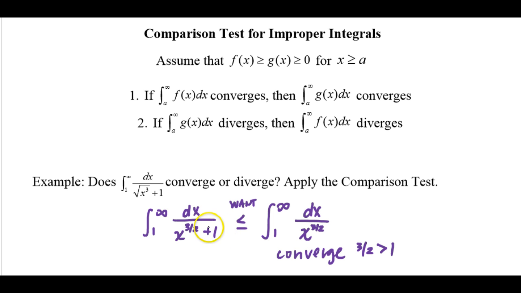It's bigger by 1, but it's still bigger. So when the bottom of a fraction on one side is bigger than the other side, then that fraction in general is smaller than the other one. So this inequality does hold true, so we wanted this to happen, and it does. So by applying the comparison test, we can say that this one converges as well.